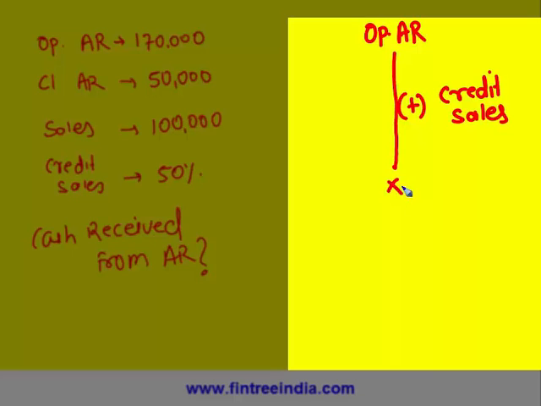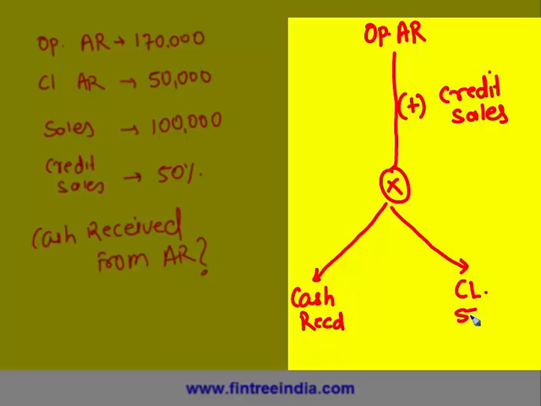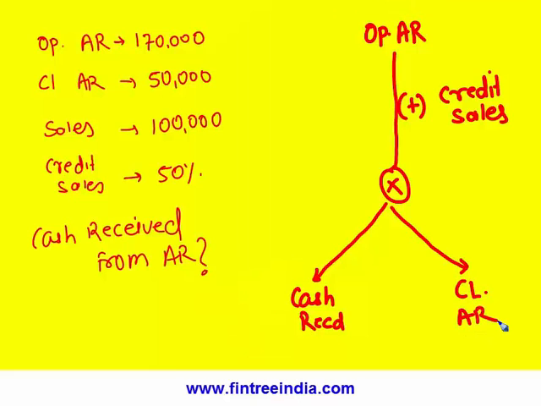So somewhere in the middle of the year, we have this amount of X. Now there are two things which can happen with this. Either those people will come and pay us cash, so received cash, or it will remain in the closing balance, so closing accounts receivable. So again there are four variables. If you have any three, you can find out the fourth one.